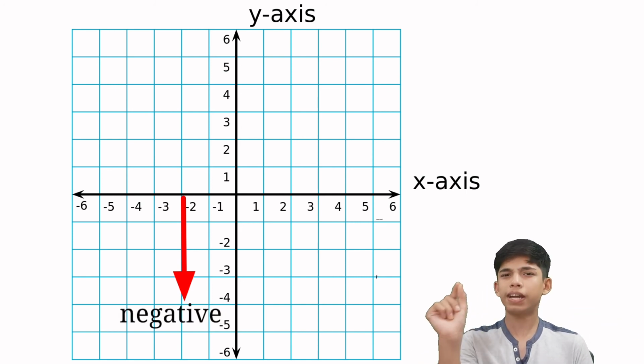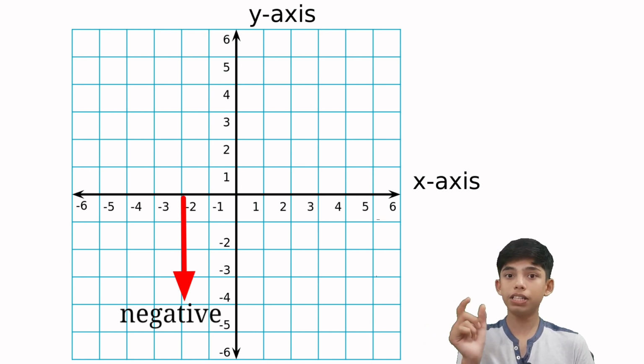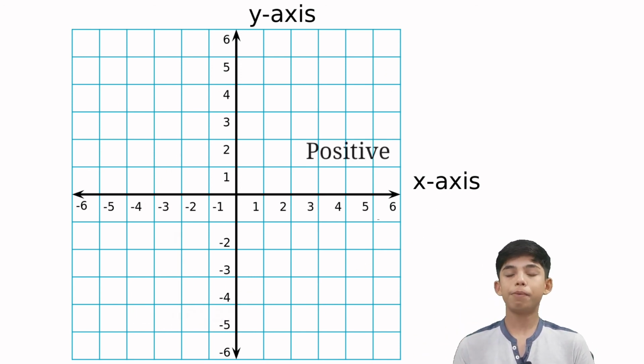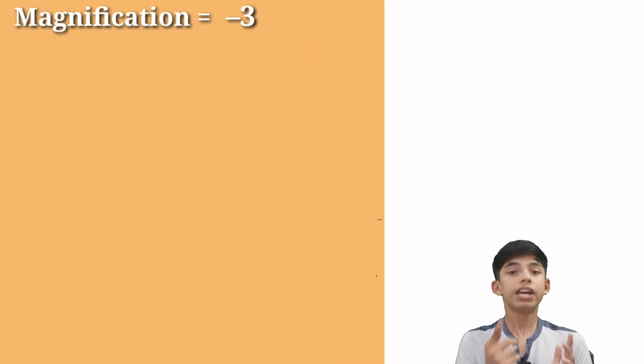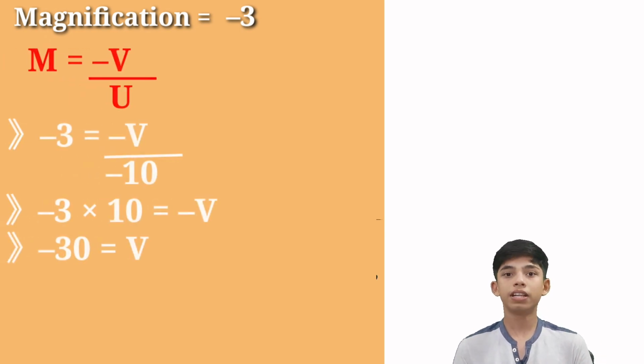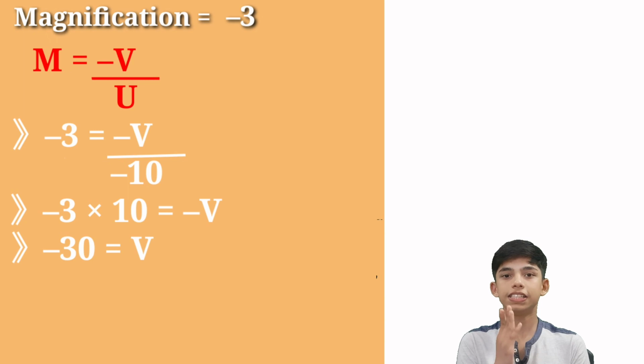That's what that minus sign shows there. So if the magnification is negative, the image is inverted, and if the magnification is positive, the image is going to be erect. Simple, right? So here we can use that simple logic, and we can write our magnification as minus 3 instead of positive 3. And now if we solve this, we will get our answer as minus 30 centimeters.